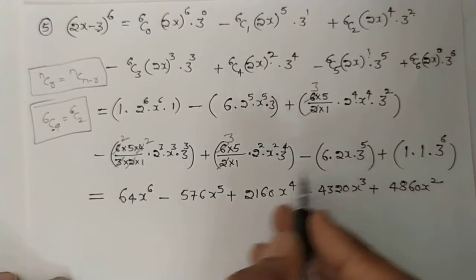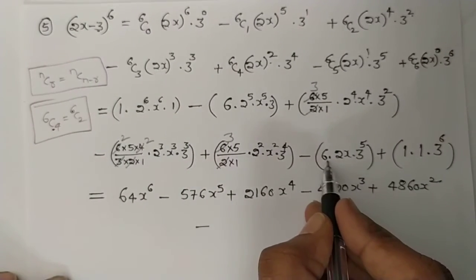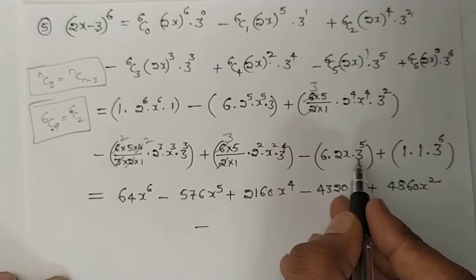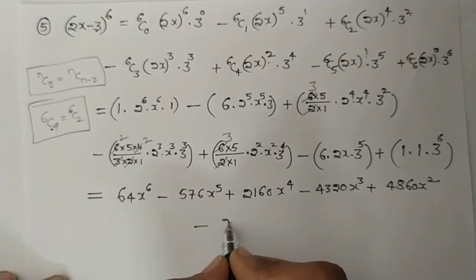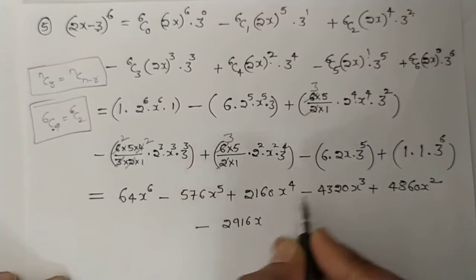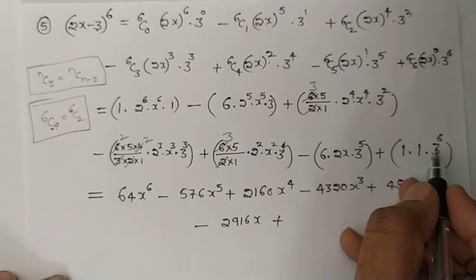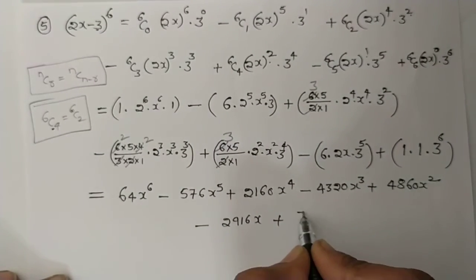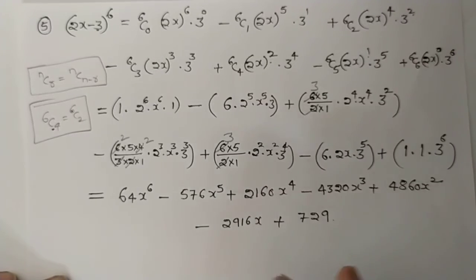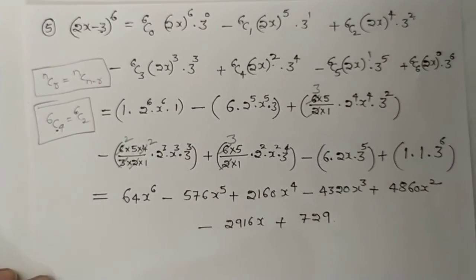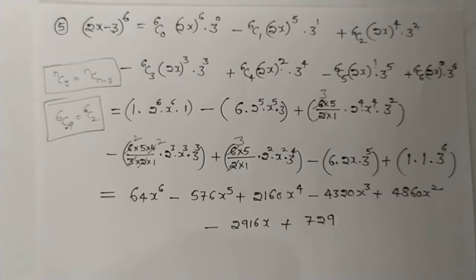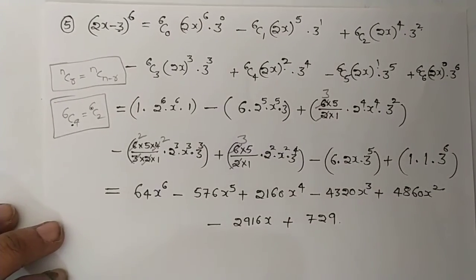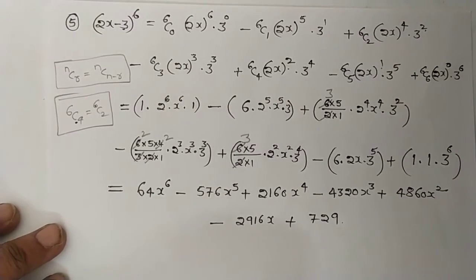Next we have two terms remaining, minus 6 into 2 is 12, 12 into 3 power 5 is 2916 into x, plus 3 power 6 is 729. So this is the expansion of (2x minus 3) whole power 6 by using the binomial theorem. Understand?